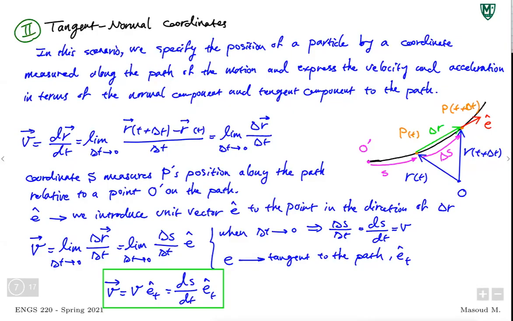Now, if we know velocity, we can actually find the acceleration. Acceleration A is a derivative with respect to time of velocity, dv dt.